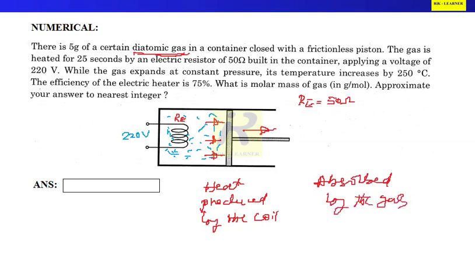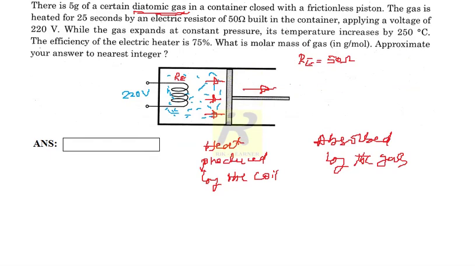How much heat is absorbed, that you must know. Now that is 75%, so 75% of the heat produced by the coil is absorbed by the gas. This is the basic equation I am going to use. So how much heat is produced by the coil, you must know first.